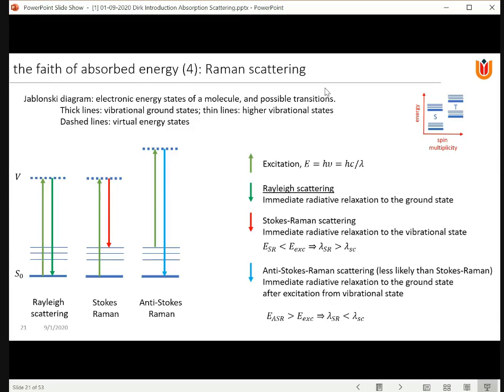Ground state is the most common state. Yeah, that's exactly right. It's much more common to find the molecule in the ground state than to find it in a higher energy state where it has to be already. So that just happens less.